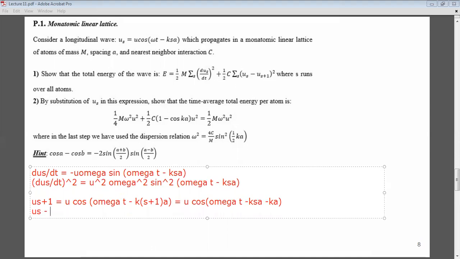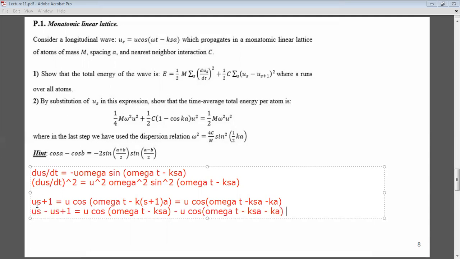So I will calculate everything and then plug them in the formula and see what I get. us − us+1 is equal to u cos(ωt − ksa) minus us+1, which is u cos(ωt − ksa − ka).